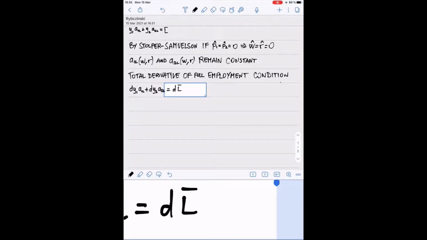Okay, so now we're going to do a similar trick to what we did in the Stolper-Samuelson theorem. So what we want to do is express everything in percentage changes.